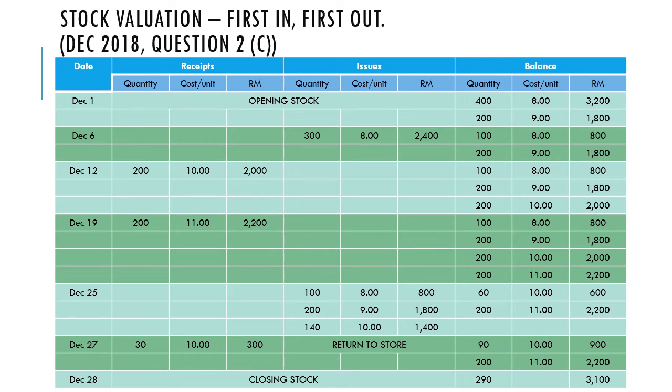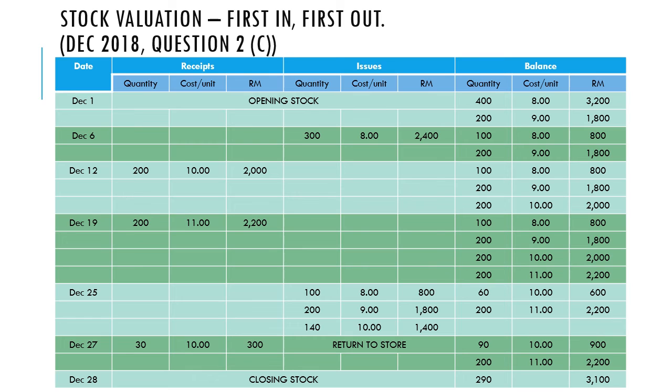It says there that the total is 3,200, total is 1,800. So you can divide by 400. You should get your cost per unit accordingly. You can calculate this on your own. This is followed by December 6, in which the storekeeper issued 300 kg of wheat starch to the production department.